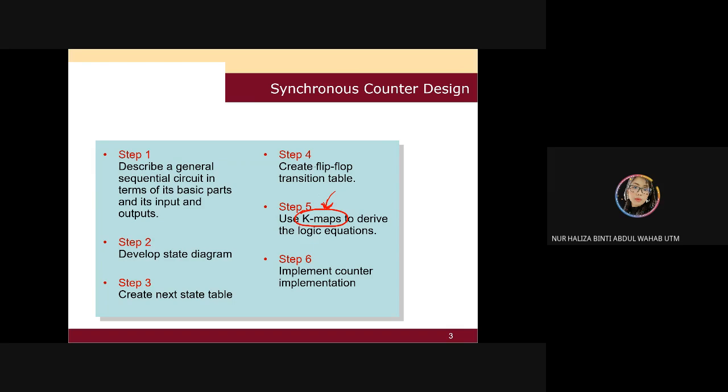And it's very funny, last time about the K-map thing, I think we didn't learn about this. I think your question looks like this.